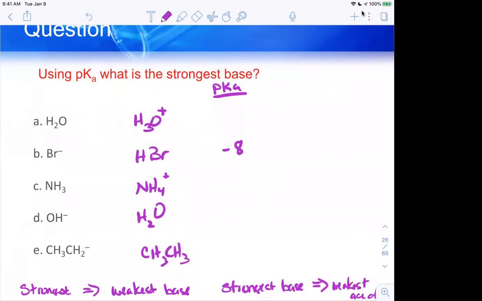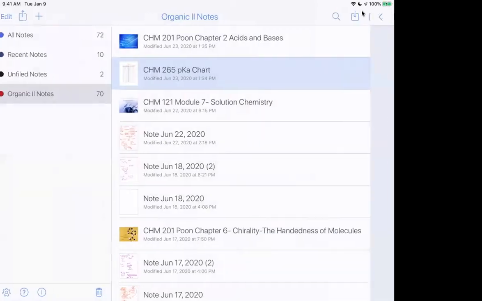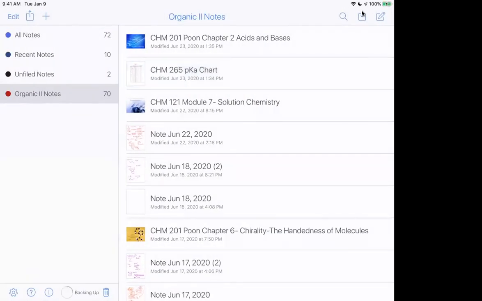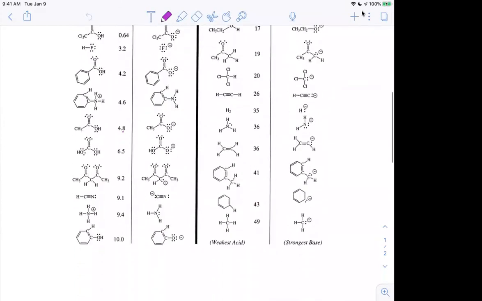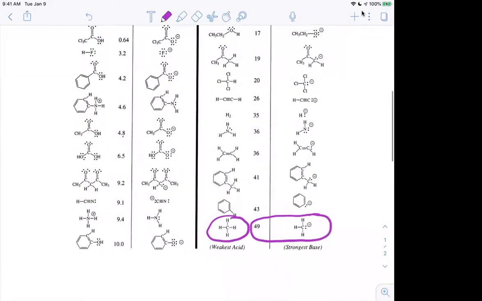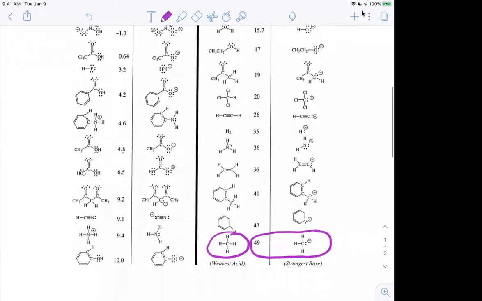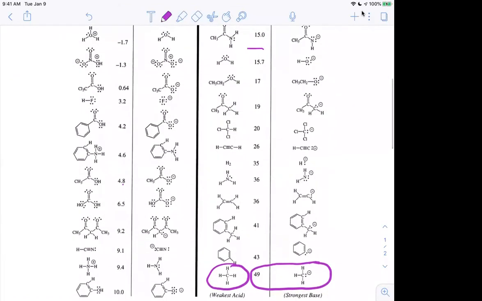I'm still looking at ammonium, hydronium, and just plain water, as well as an alkane. So when I go back to my pKa chart, notice my alkane is going to be right around my 50 mark. My water is going to be right around 15.7.